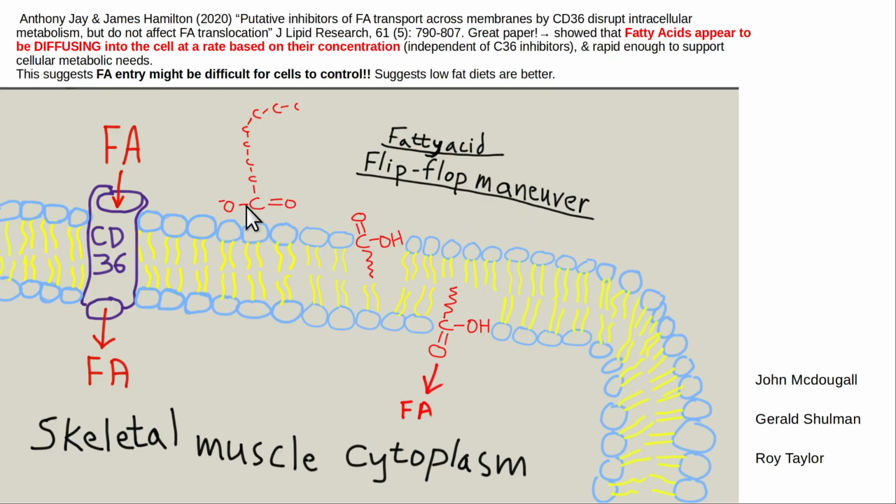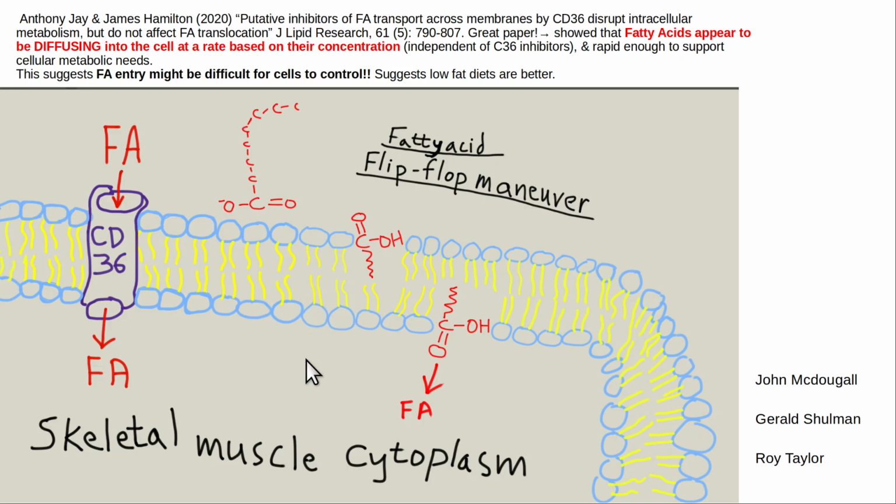Okay, so it can gain a proton to facilitate intercalating into the outer layer of the plasma membrane, then flip here. And they found this out to be true because they tried inhibiting the known fatty acid transporters, and even when they had all of them blocked that they knew of, it just kept coming in the same. So it wasn't to do with the fatty acid transporters.